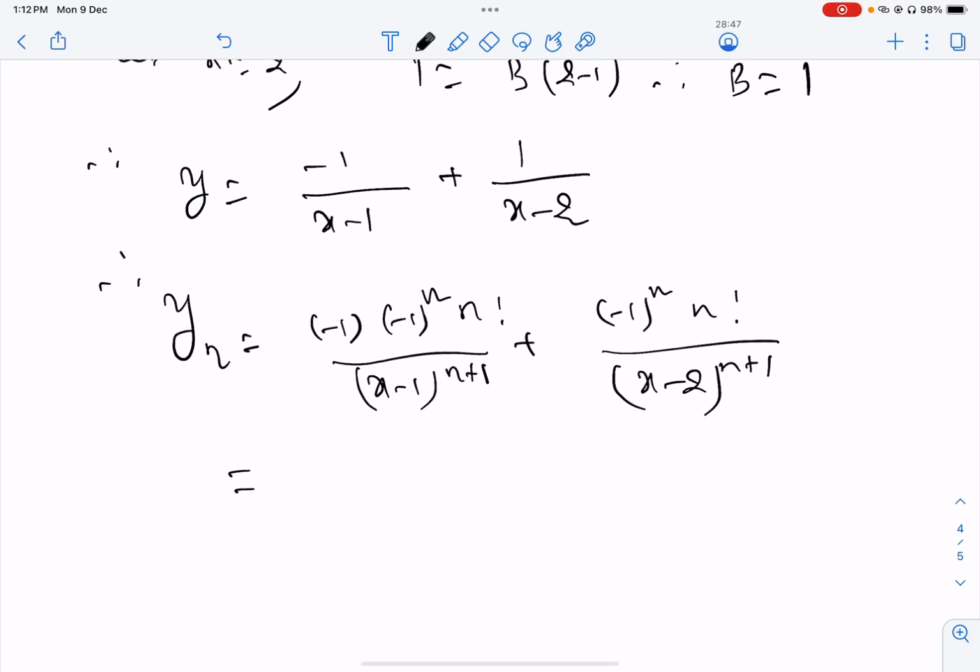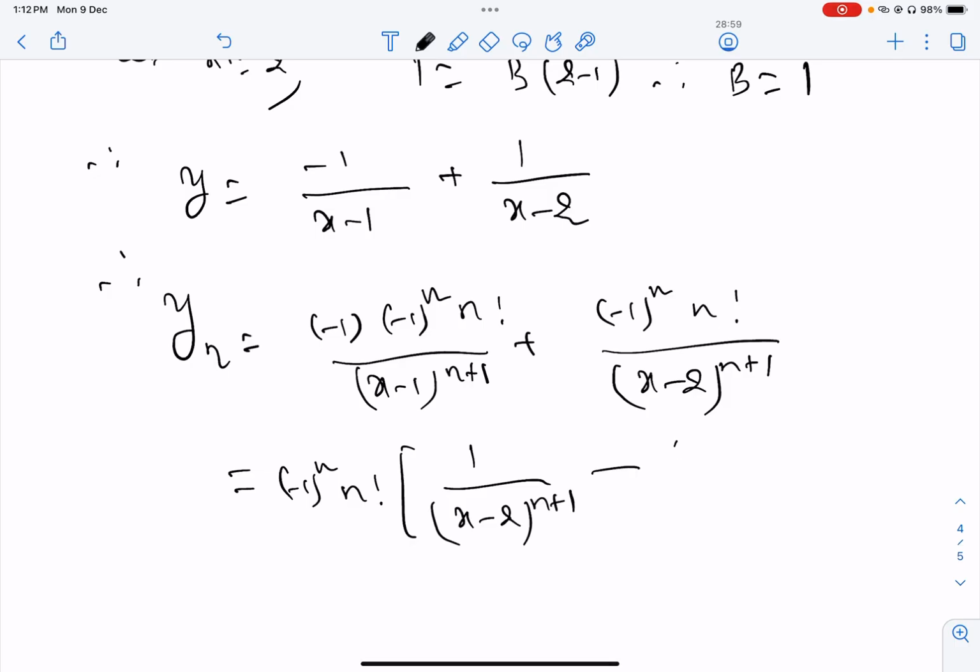So we can write like this: minus 1 power n factorial into 1 over x minus 2 power n plus 1 minus 1 over x minus 1 power n plus 1.